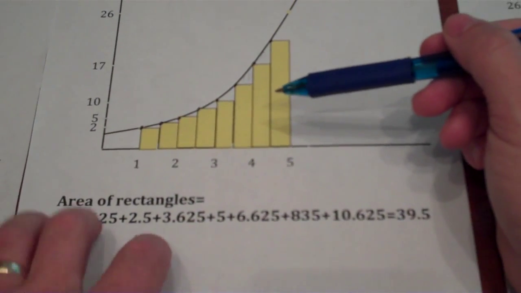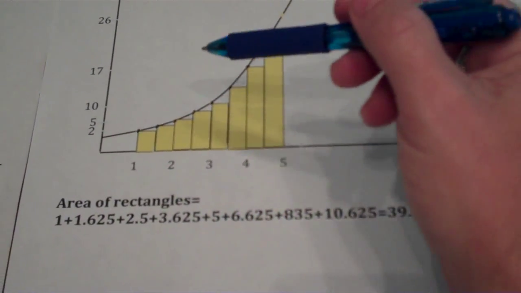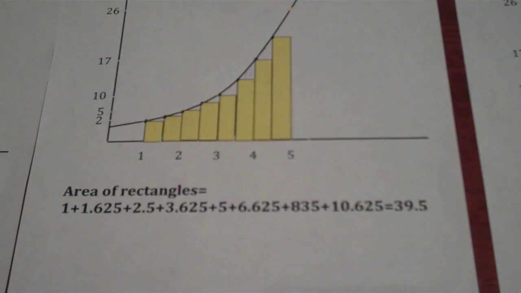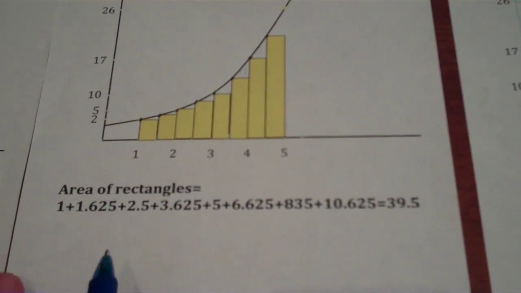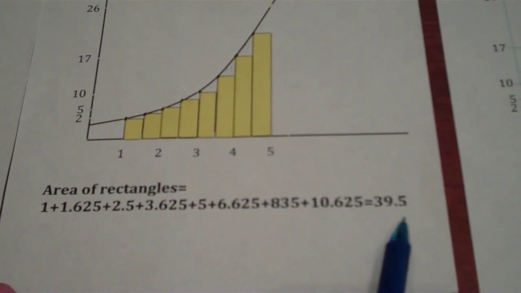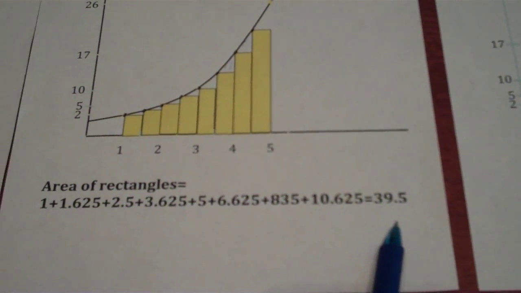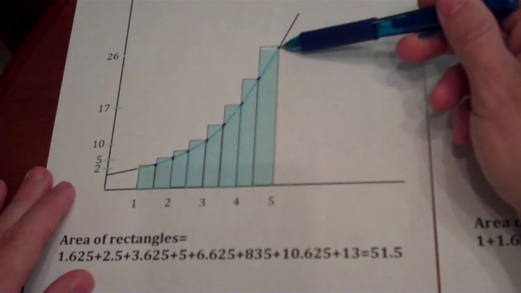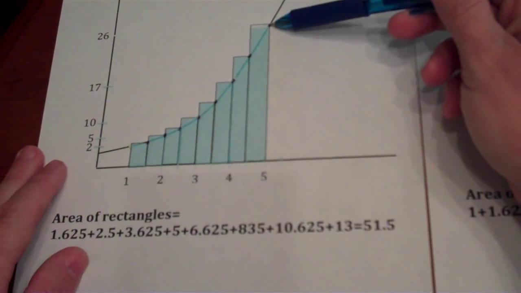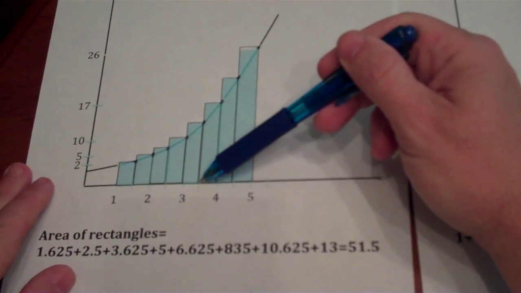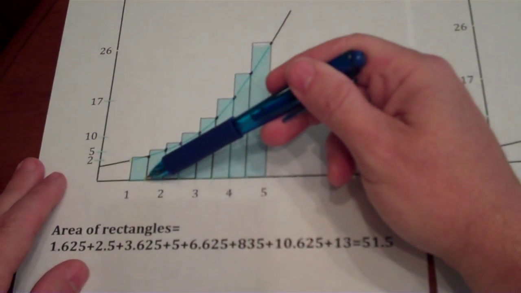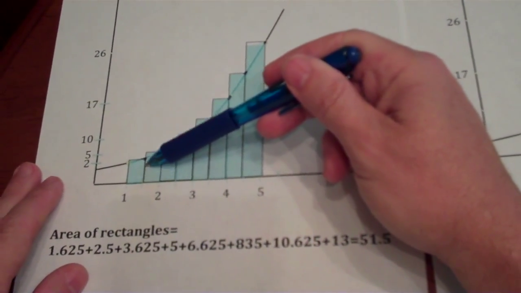Now this time I have many more rectangles than I've had previously. In fact, I literally doubled it. Before I had 4 rectangles, I now have 8. And the sum of these rectangles is 39.5. Going from the right to the left, I will include the last value of my chart, which was 26 again, and then we'll back up to 4.5, 4, 3.5, etc., all the way down to ending with 1.5.